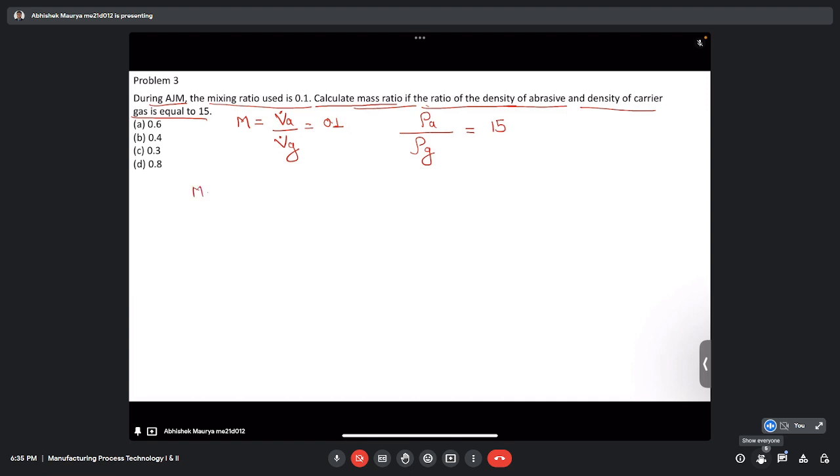The mass ratio is denoted by alpha, and it is given as the ratio of abrasive mass flow rate divided by abrasive plus carrier gas mass flow rate.